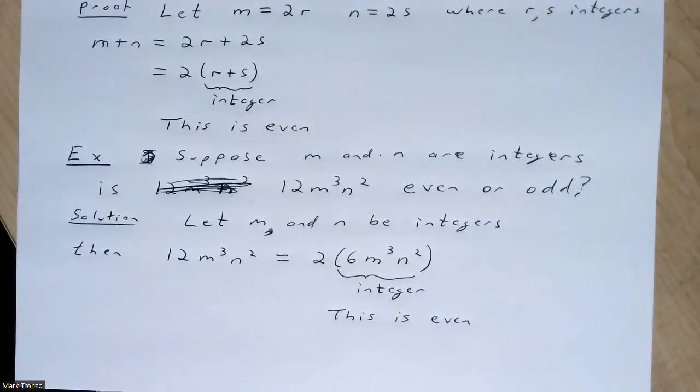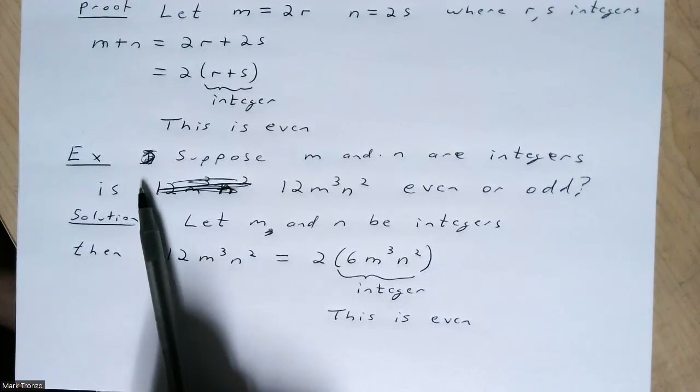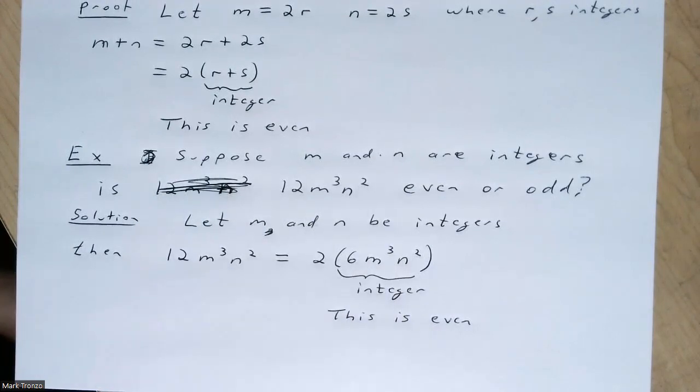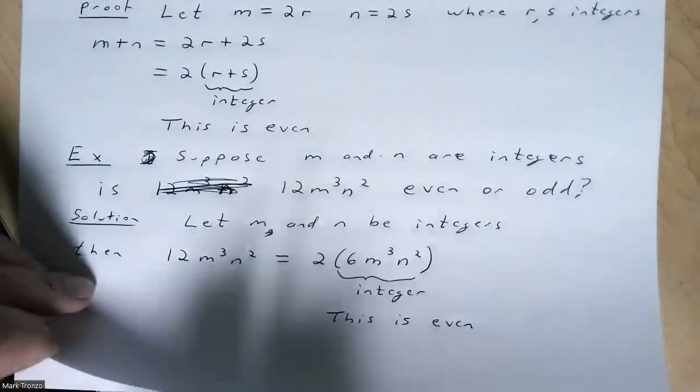Notice this was not a formal proof because they asked a question. Usually we only prove things if a statement is made or a theorem is made. And that'll be the same with the next question. We're not going to have a formal proof. So like this one here, once again, just asking us a question.